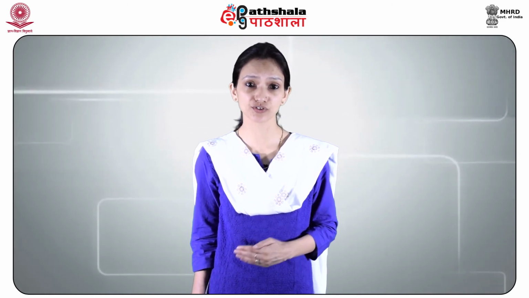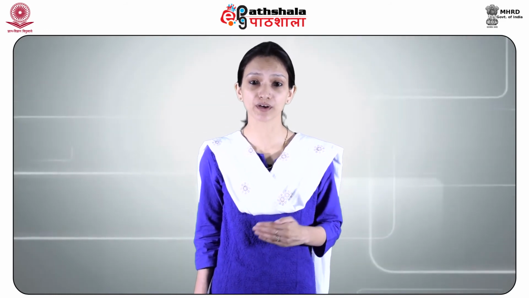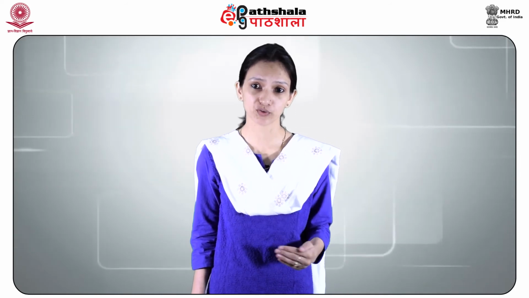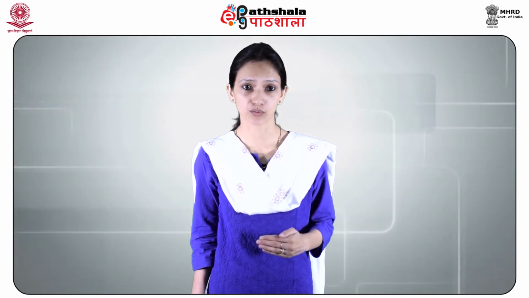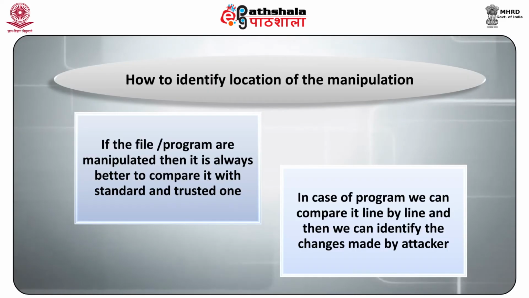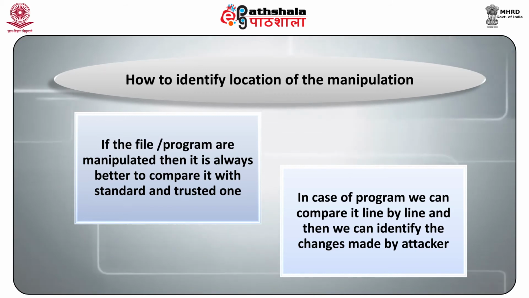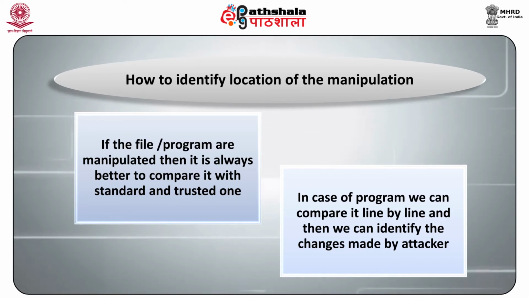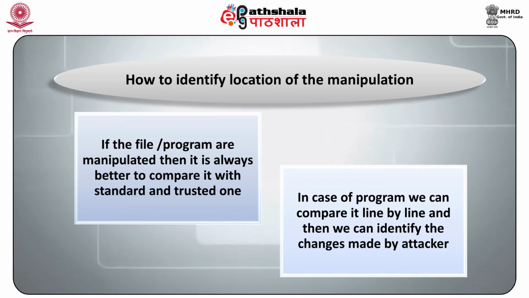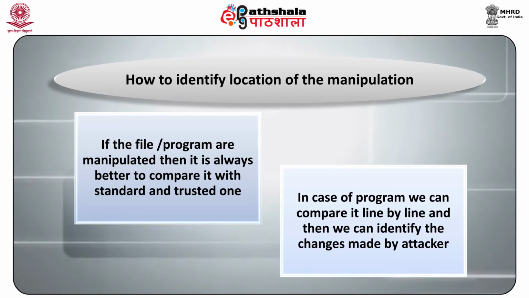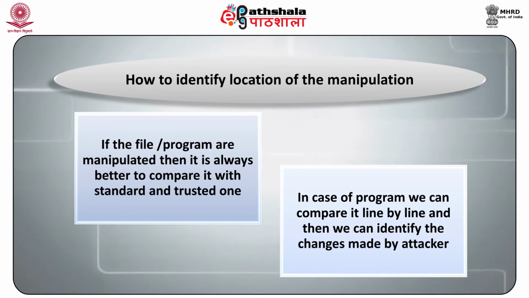In the last solution, we understood how to identify whether it is manipulated or not. Now, we will discuss how to identify the location of the manipulation. If the file or program is manipulated, then it is always better to compare it with standard and trusted ones. In case of a program, we can compare it line by line, and then we can identify the changes made by the attacker.